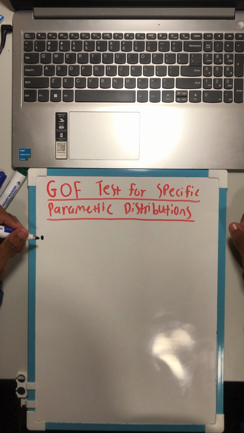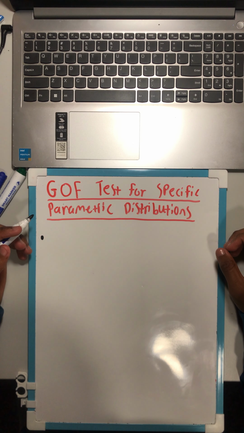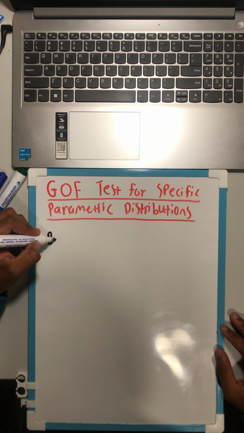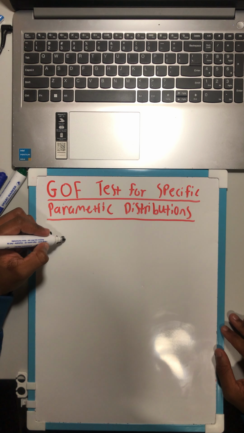For a binomial distribution, we have a Bernoulli trial. So what is a Bernoulli trial? A Bernoulli trial is a trial with two specific outcomes: success and failure.